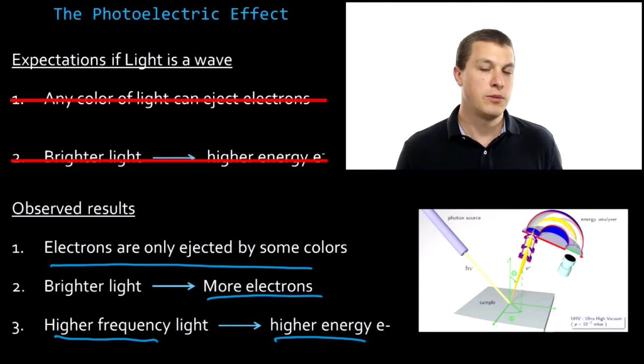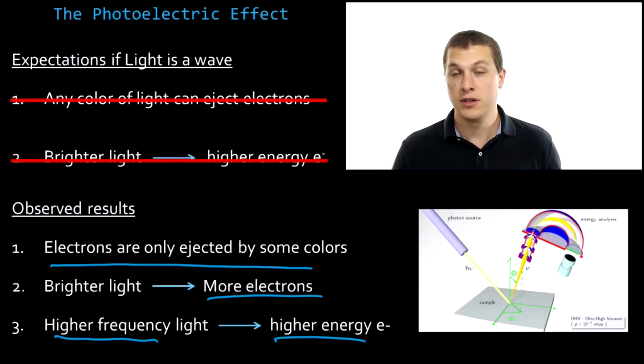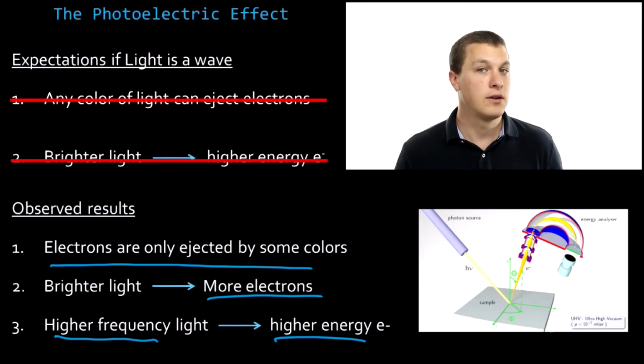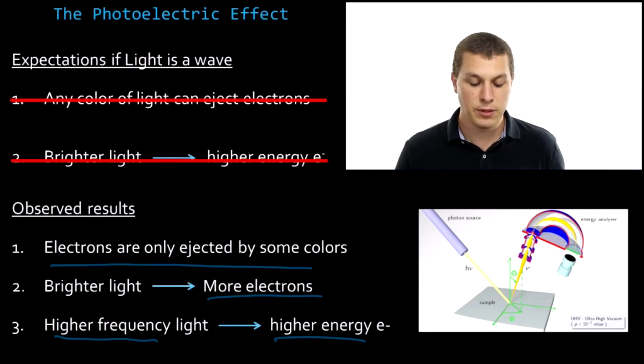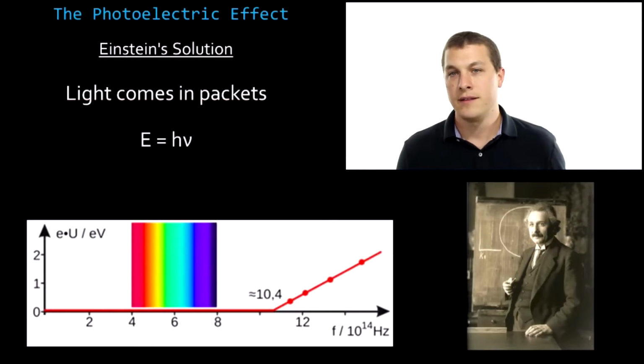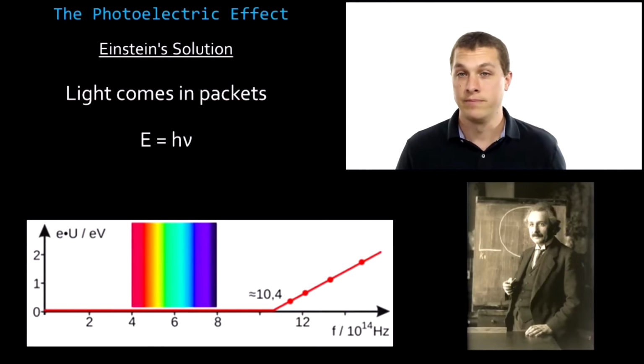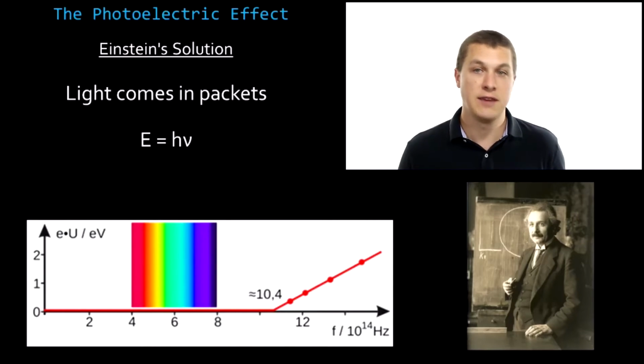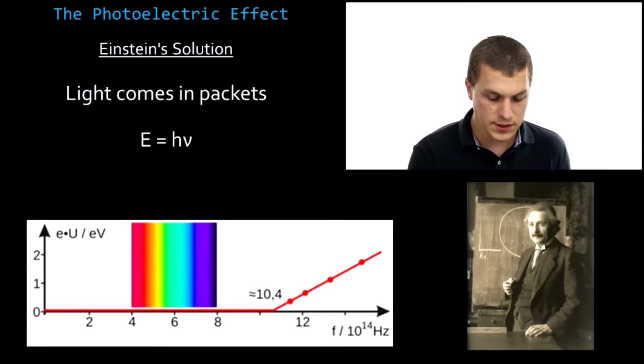When that experiment was first done in the late 1800s, people didn't understand it. It wasn't until Einstein proposed a solution in the early 1900s that we actually figured out what was going on. And he said something pretty outrageous. He said, let's not think about light as a wave, let's think about it as a packet. It's more like a BB, he says. These packets of light have an energy that's given by the frequency of the light, and that's what this expression tells us.